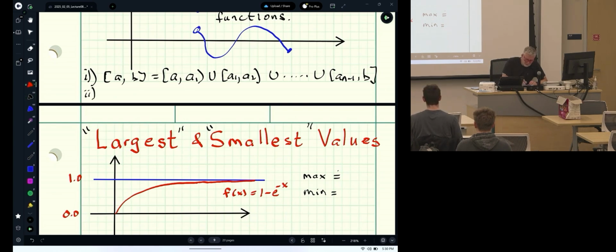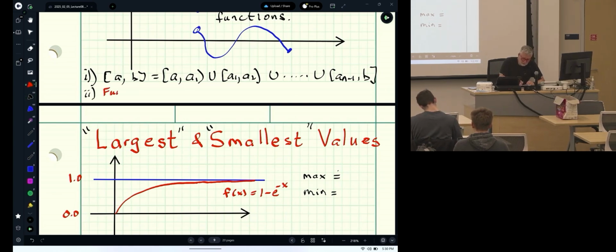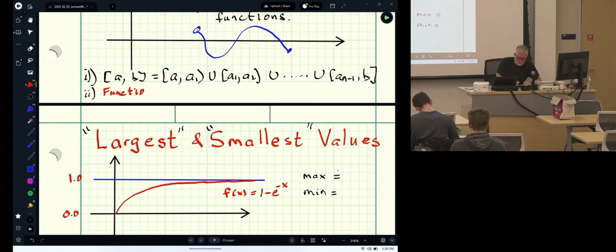The function is continuous on intervals like this.